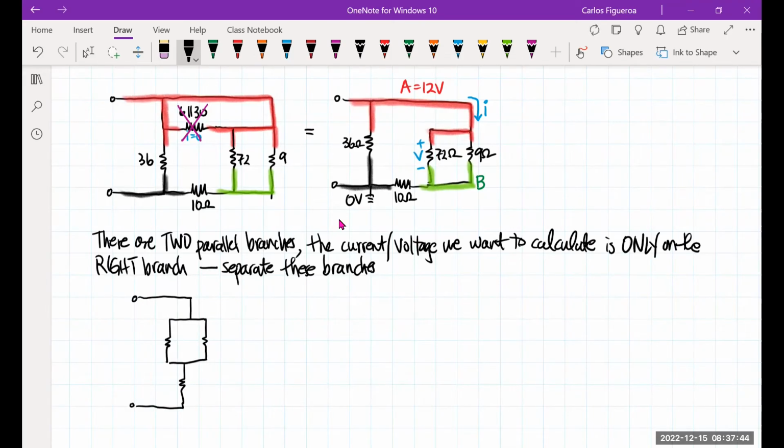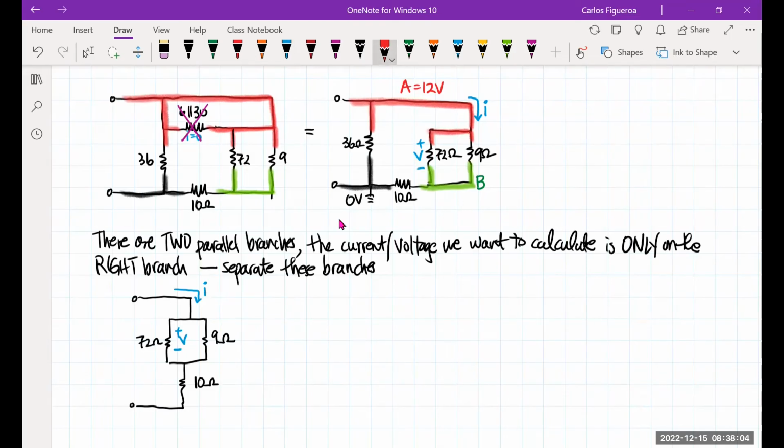And here's my equivalent circuit, right? So here's my 10 ohm, here's my 9, and then here's my 72. And you can see here I have my current I, and then I want the voltage across the 72.